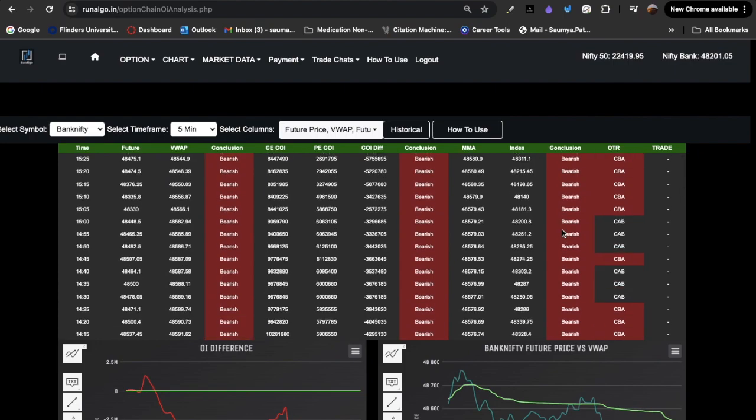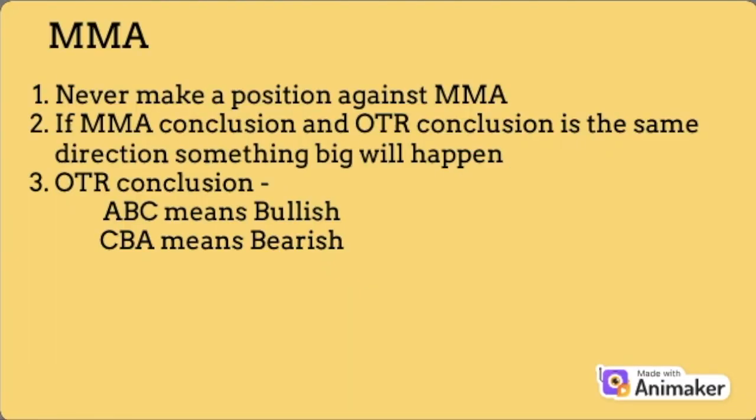ABC means a bullish market trend, and CBA means a bearish market trend, right?